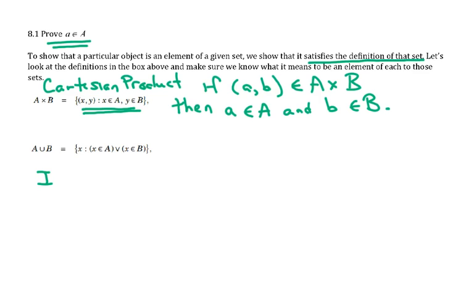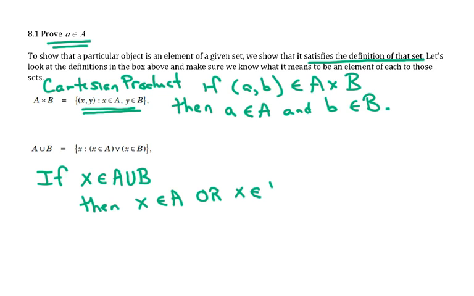Now, what about the union? If x is in the union, what does that mean? Well, then x is an element of A, or x is an element of B. And often these kind of proofs will involve cases.